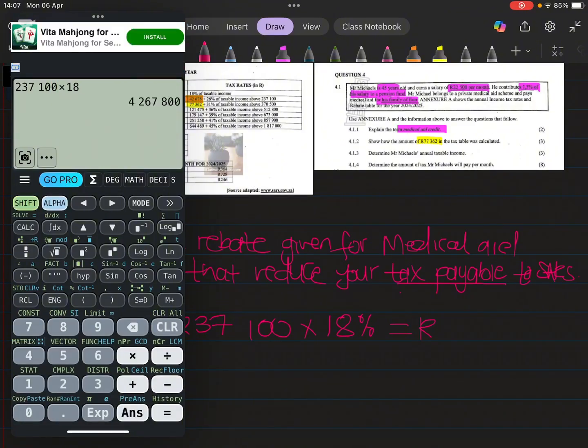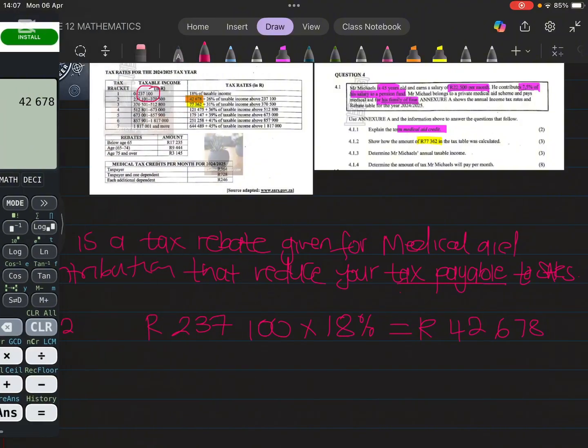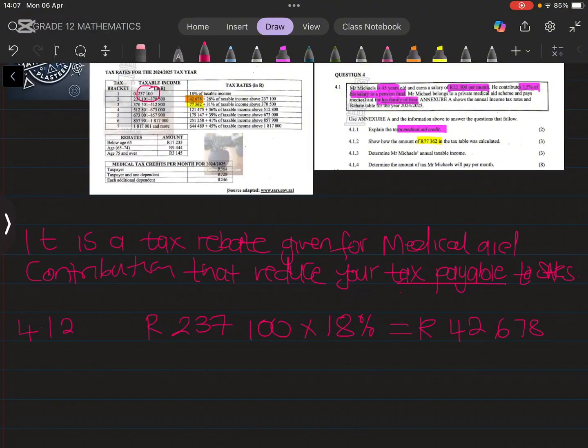Then you're going to get 42,678. So this is how the second tax bracket was calculated, and then that will be plus 26% of the taxable income above 237,000. So that was how that 42,600 was calculated.